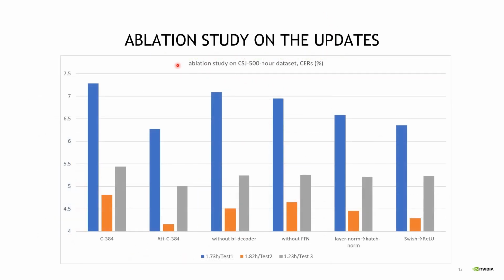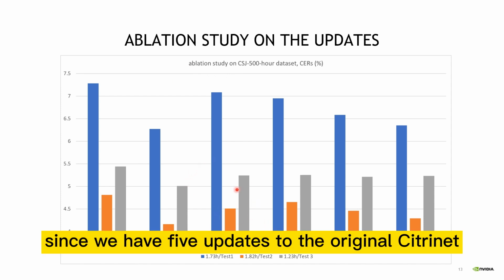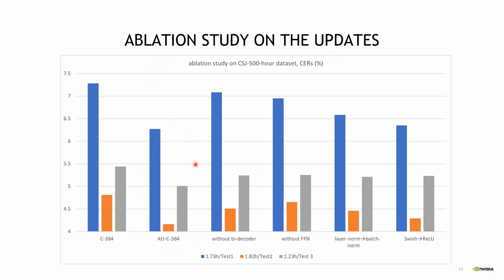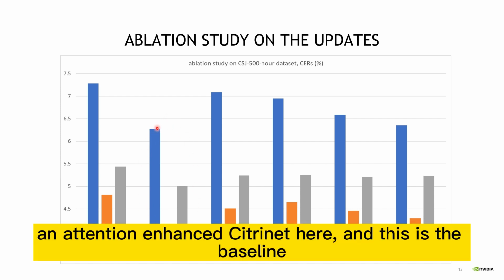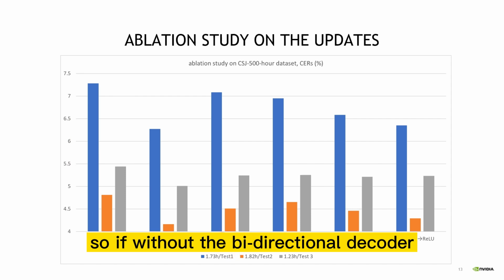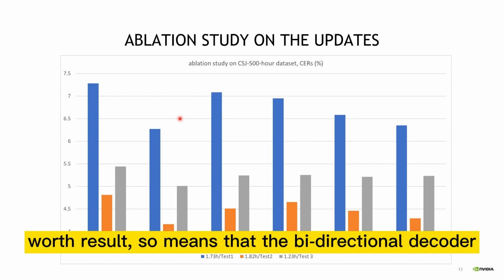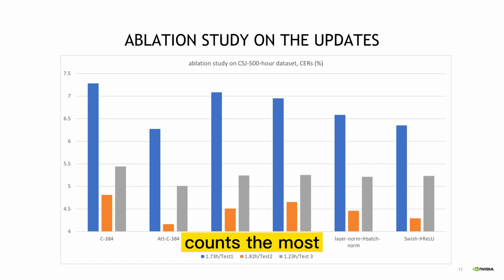Since we made five updates to the original Citrinet, we did an ablation study on these updates. This is the attention enhanced Citrinet here, and this is the baseline. Without the bidirectional decoder, we get a significantly worse result, which means the bidirectional decoder counts the most.